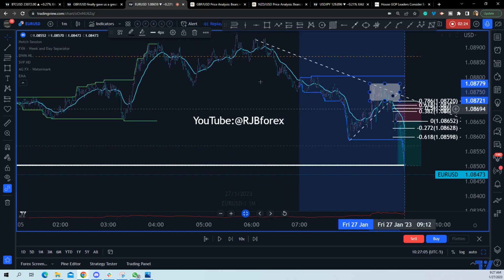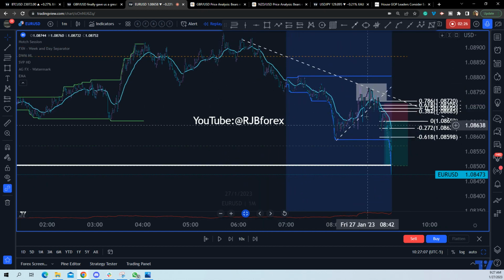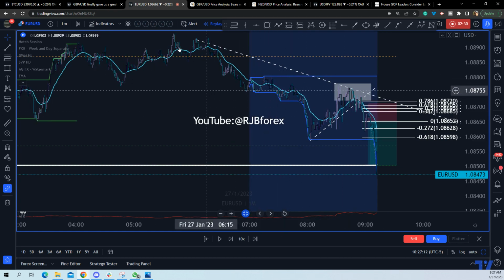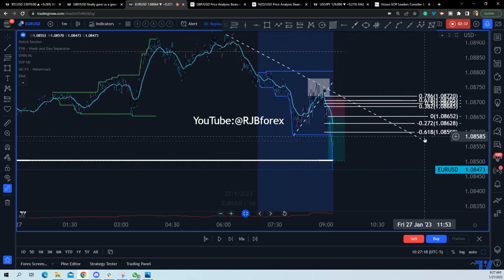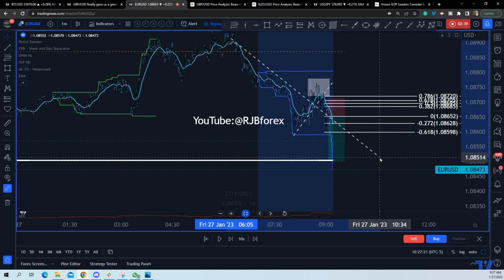So you've got this impulse correction into here. So you're drawing a trend line prior to the pump up. We've broken out of the trend, which is the best scenario for a short.